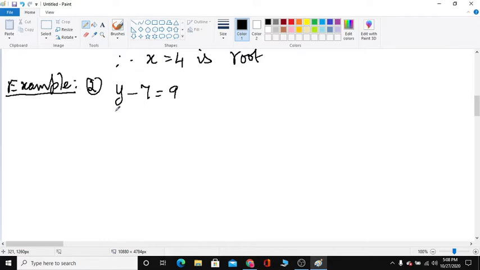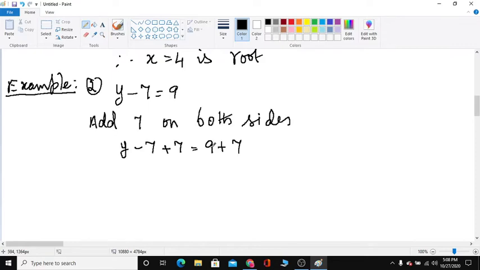Here on the left hand side is y minus 7, and we add 7. On the right hand side, 9 is there, and we add plus 7. So y minus 7 plus 7 is equal to 9 plus 7.